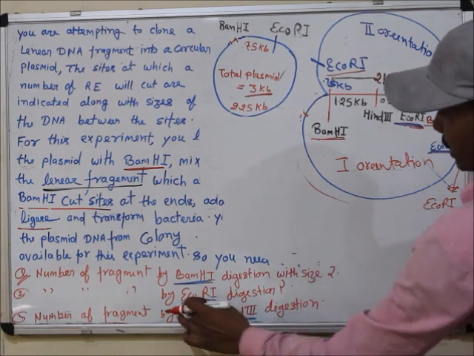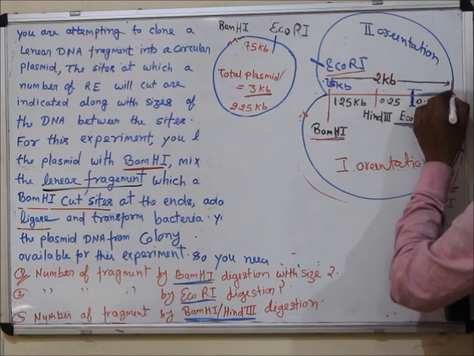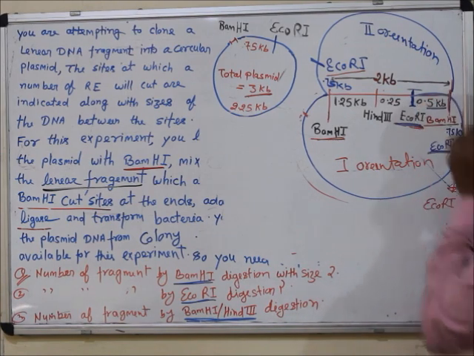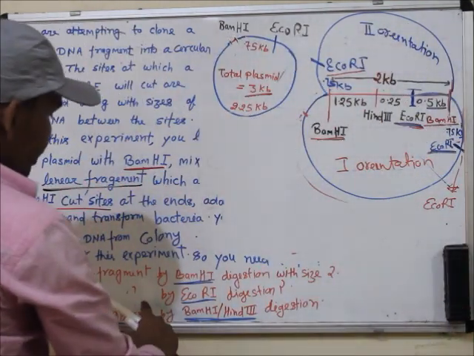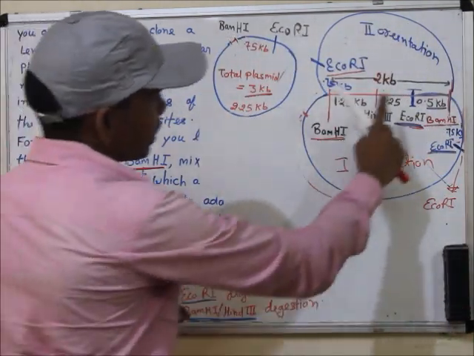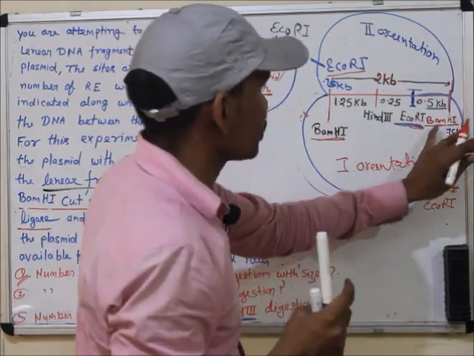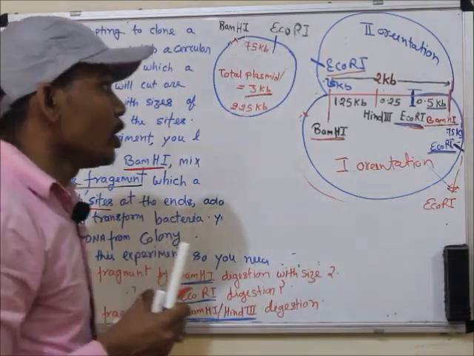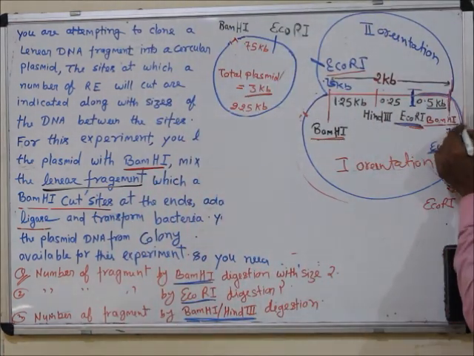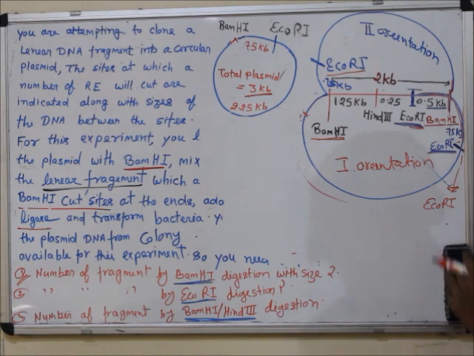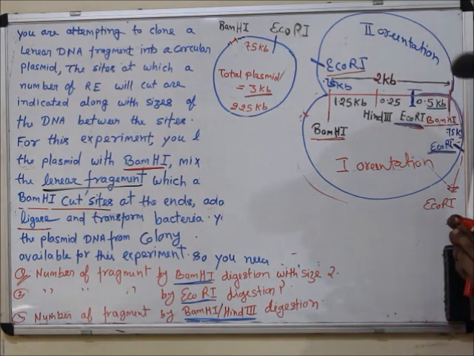In this condition, the question says that only EcoRI is added, not BamHI. So no digestion would occur at the BamHI site, and this will remain undigested. So the length between the EcoRI sites is 0.5 kb plus 0.75 kb.